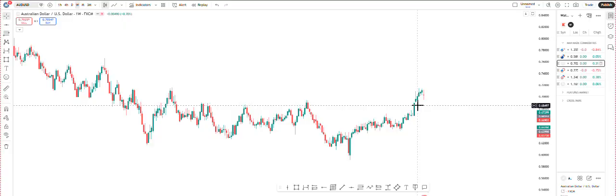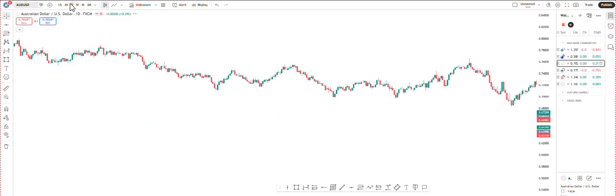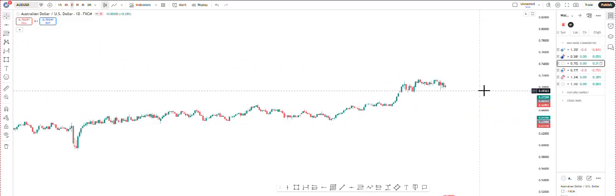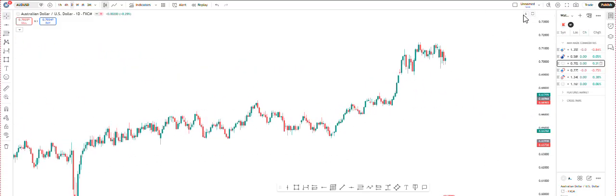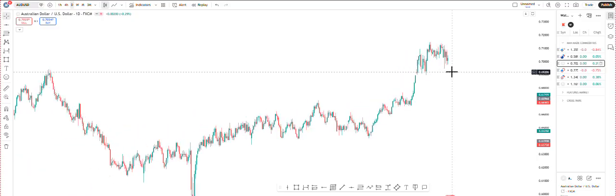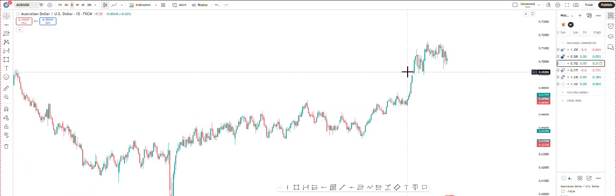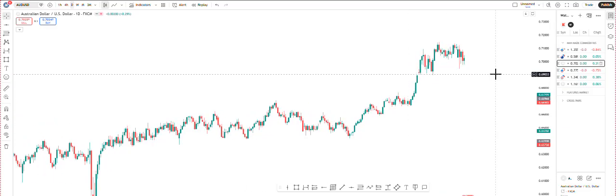The Australian dollar is still strong, so we'll look for a demand area on the weekly, on the daily chart. I think we'll be using this demand area again.